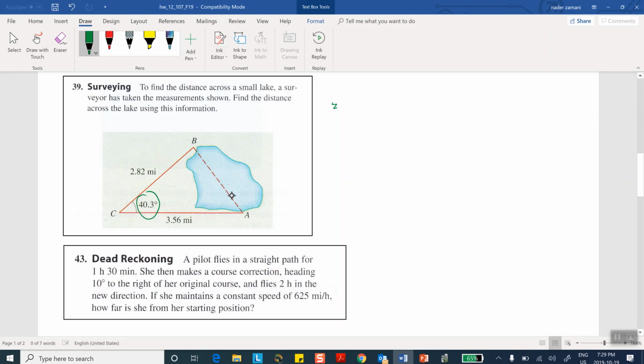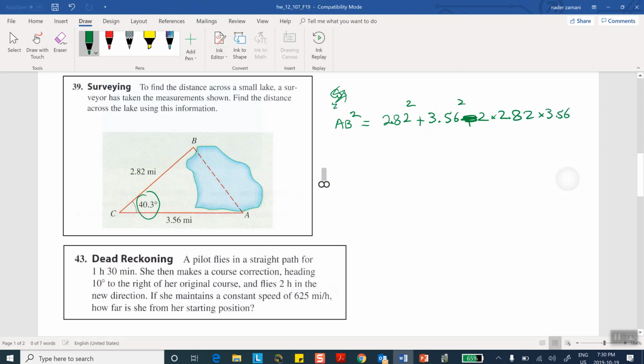So we have to use the law of cosines here. AB we don't know, so AB squared is equal to the sum of the other two sides squared, 2.82 squared plus 3.56 squared, minus 2 times 2.82 times 3.56 times the cosine of the angle between the two, which is 40.3 degrees.